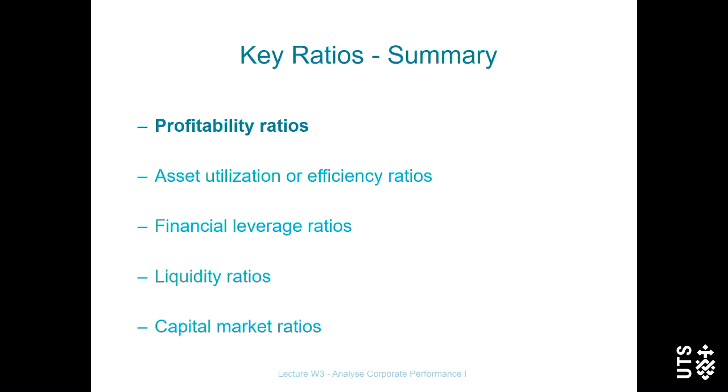Okay, let's jump into the long list of ratios. So we're classifying ratios into 5 groups. Right? We're talking about profitability, efficiency, leverage, liquidity, and capital market. Out of these, by far, the top 2 are the ones you want to understand when you're looking at an industry and comparing firms within an industry.